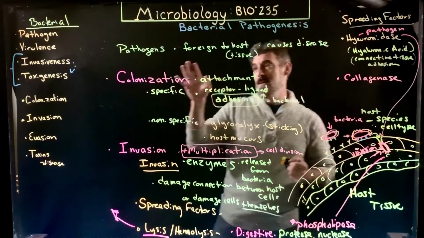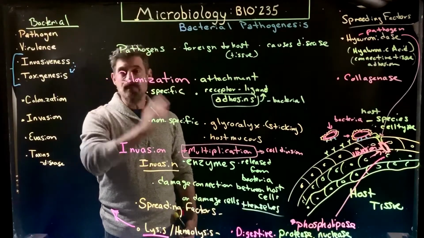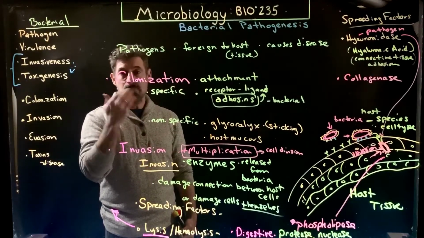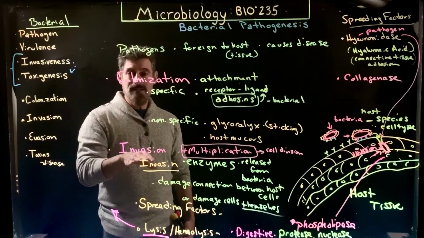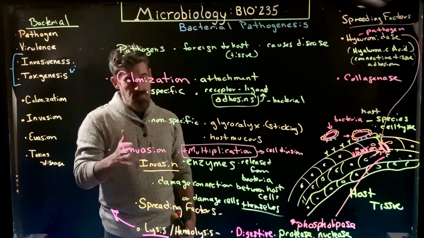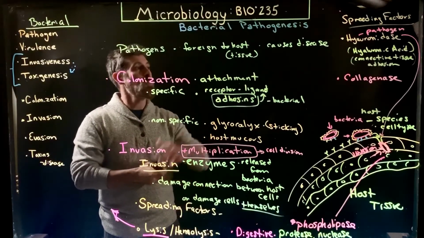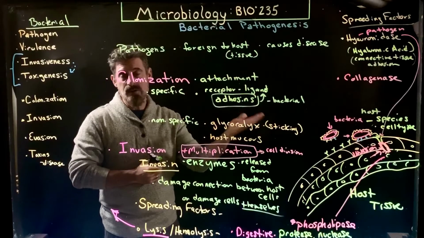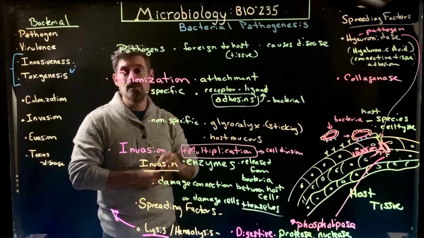So that's kind of the first part. The first part of bacterial pathogenesis is colonization. Bacteria have to attach to a cell. Largely, it is a specific process. Once they get there, they're going to release enzymes, invasins, generically, things that can actually get them into the tissue. So usually breaking down the connections between the cells in the tissues. So hyaluronidase and collagenase are two examples.